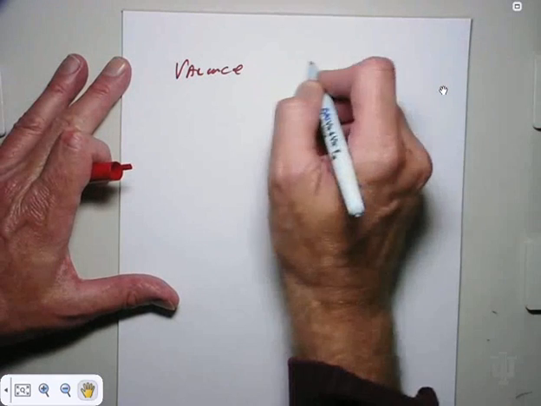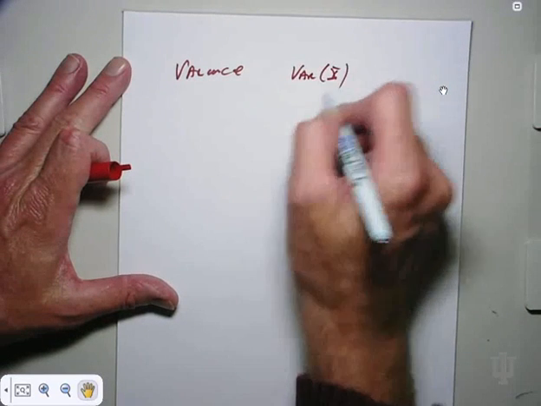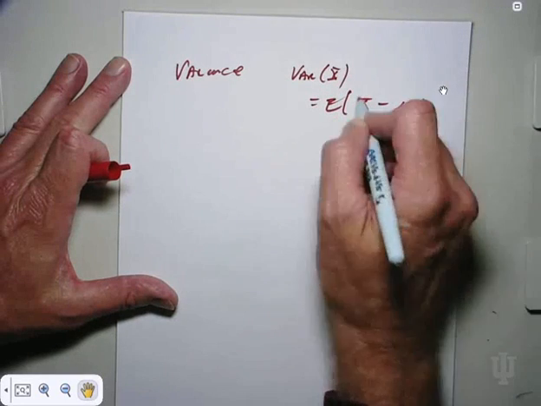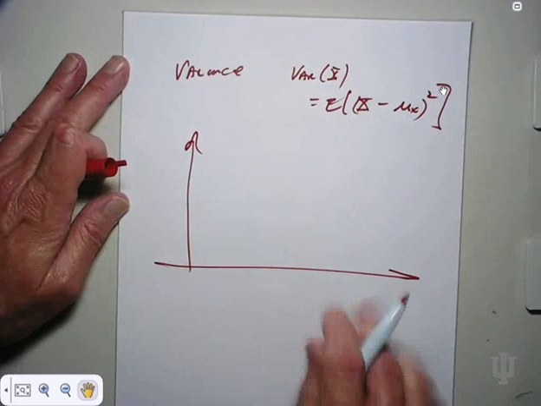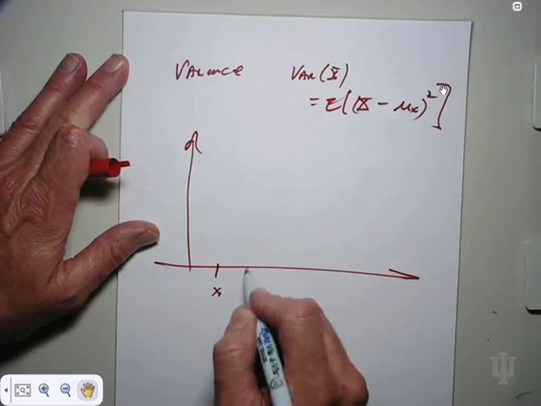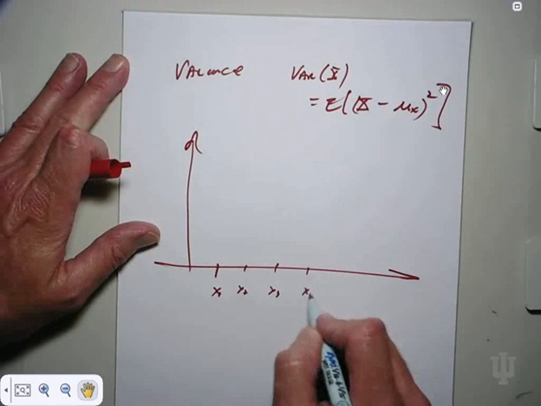So you get the variance of x, and that's this thing here. We're talking about it in the context of discrete random variables. So we have these values, x1, x2, maybe x3, x4.